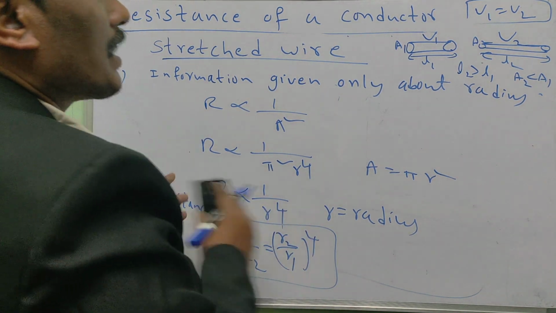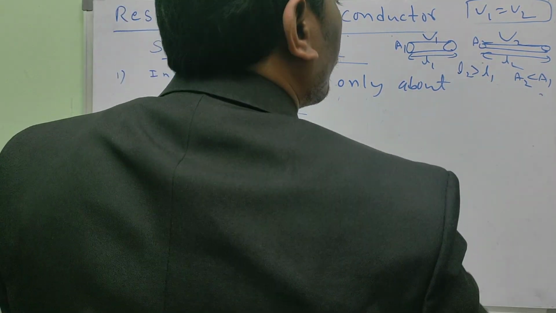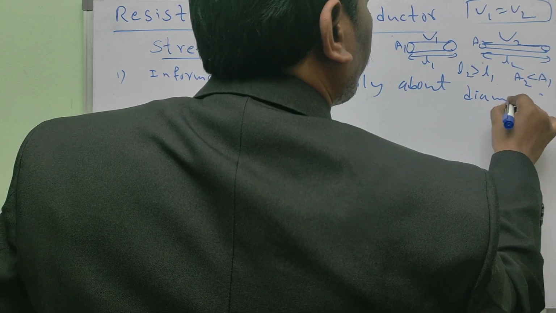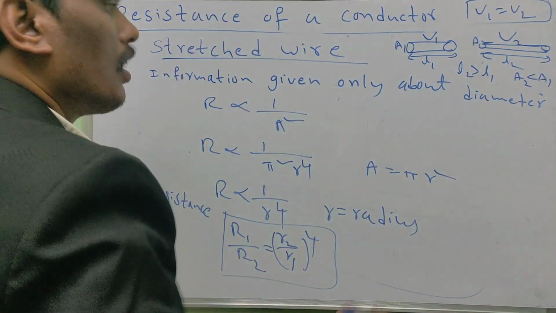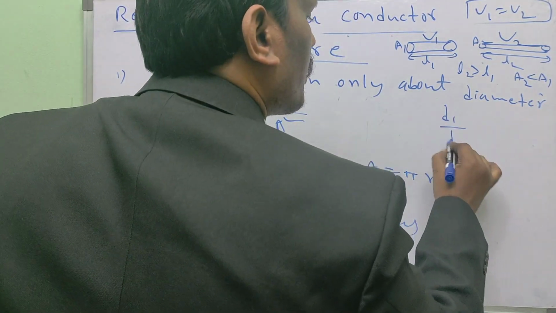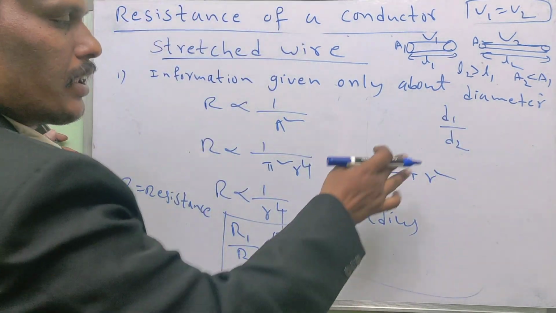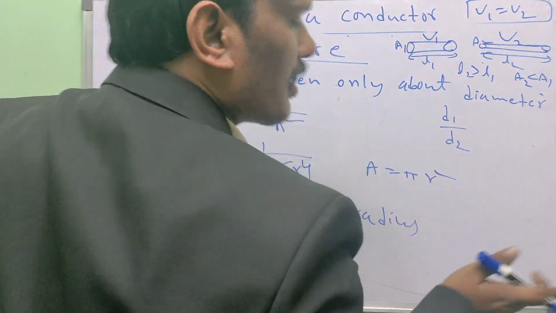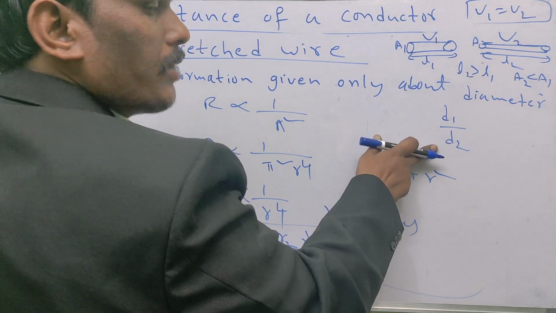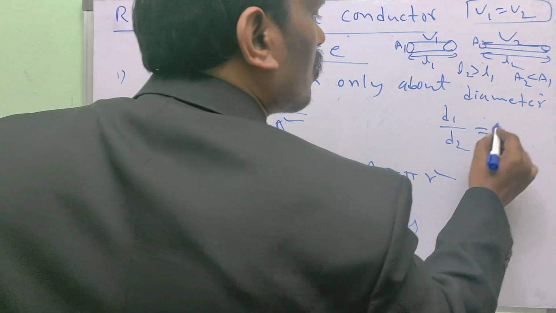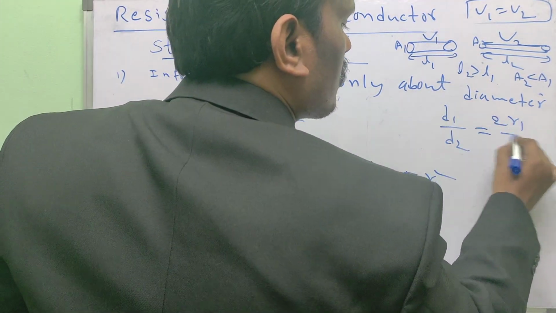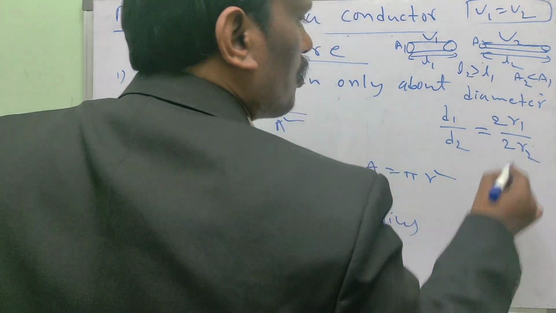And suppose the diameter is given, then how to solve the problem? We know that d1 by d2, the diameter of the first wire by the diameter of the second, that is diameter before stretching and diameter after stretching, is equal to 2 times radius by 2 times radius 2. The 2 cancels.